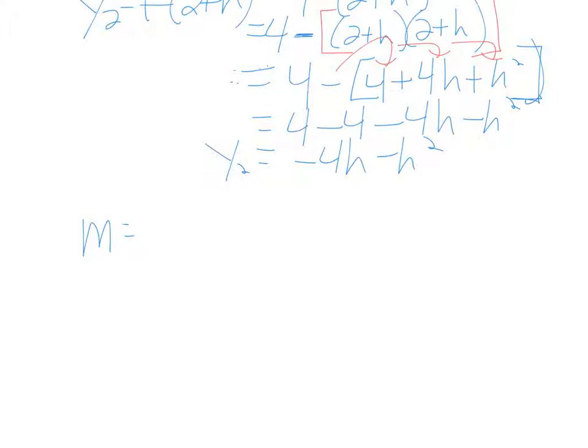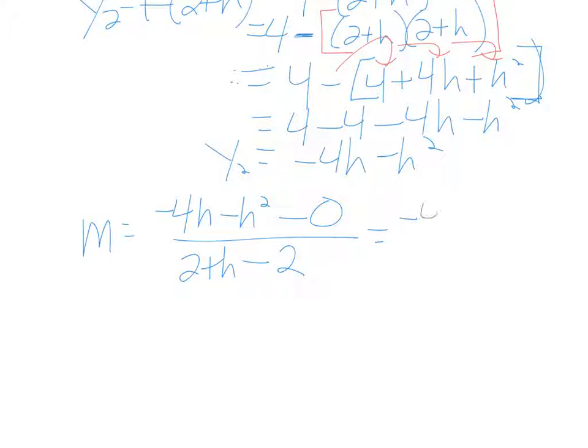M equals y2, which I just found is negative 4h minus h squared, minus y1, which was 0, over x2, which was 2 plus h, minus x1, which was 2. So that gives me negative 4h minus h squared.